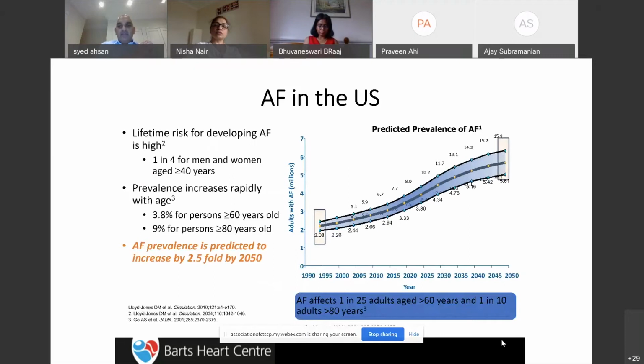So this is a slide which is showing the prevalence of AF in the United States. It's going to be an increasingly common condition, with the prevalence increasing rapidly with age. And by 2050, there's going to be a huge rise in AF. The lifetime risk in the States is quoted as 1 in 4 for men and women over 40 years.